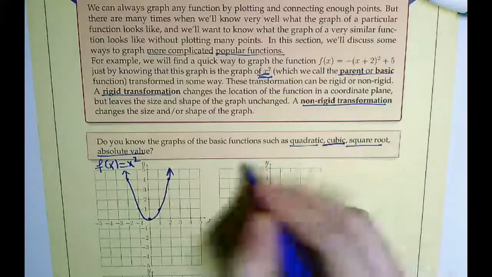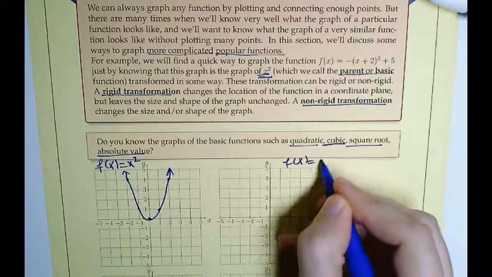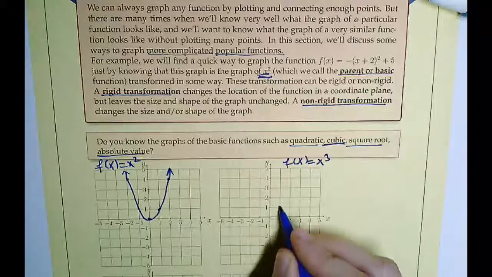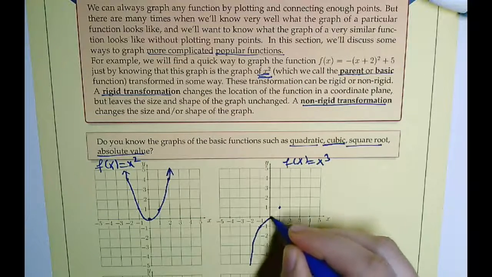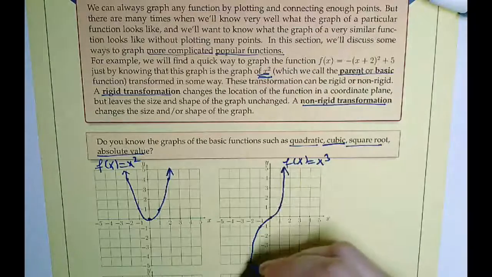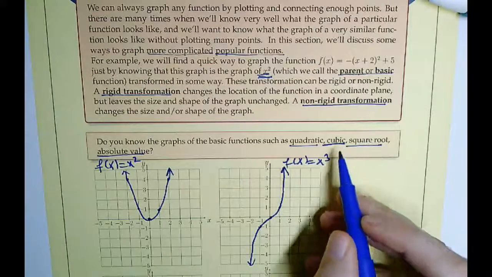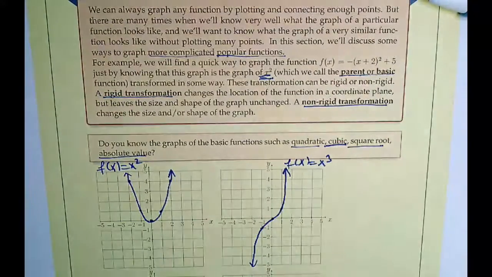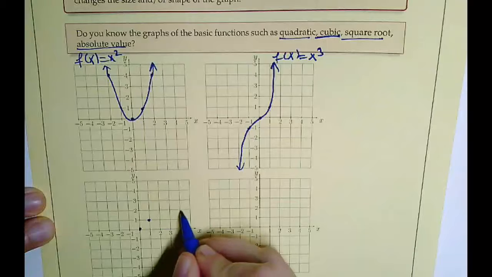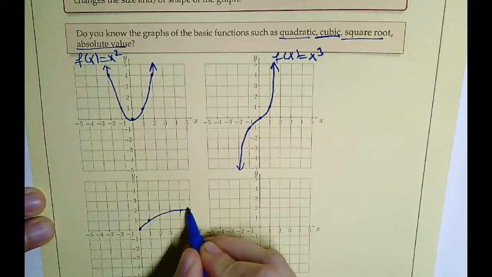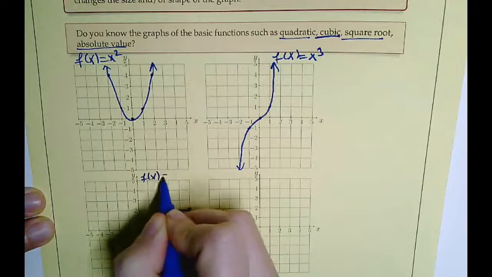And then the cubic function, f of x equals x cubed, you should remember that's the S-shaped function, and it's going to look like this. This is a power function with a positive, odd exponent. And then the square root function looks like this. f of x equals square root of x.